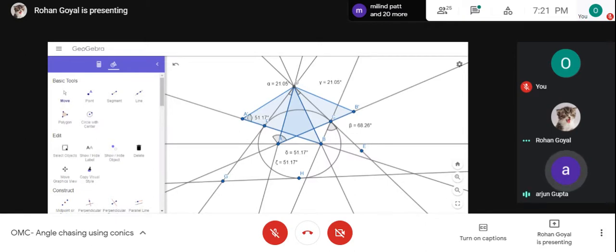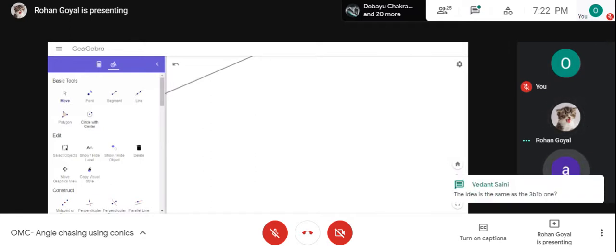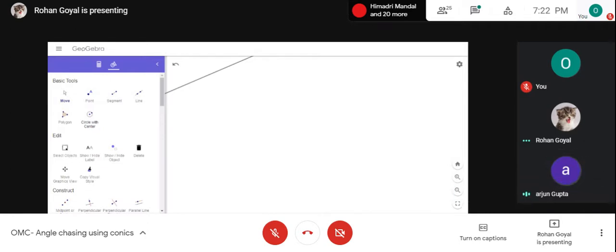I think from the center of the cone we have to drop a perpendicular to the plane. Sorry? From the center of the cone we have to drop a perpendicular to the plane. Okay, sure. And intuitively, I'm not 100% sure, but it is clear that it must be the center of the foci.